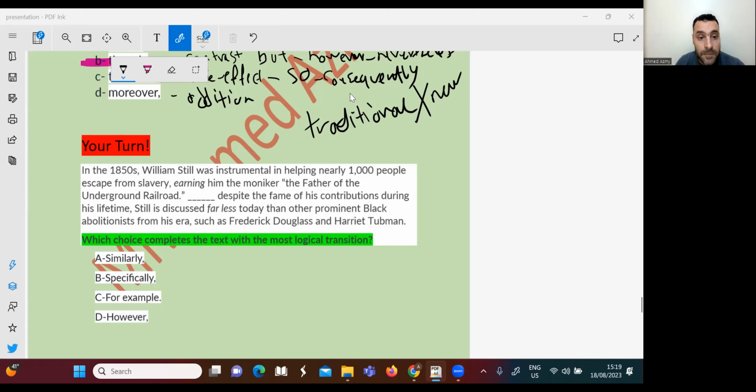William Still was instrumental in helping nearly 1,000 people escape from slavery, earning him the moniker the father of the Underground Railroad. What's the tone? Words like this person, helping, earning. What's the tone here? Helping people escape from slavery.